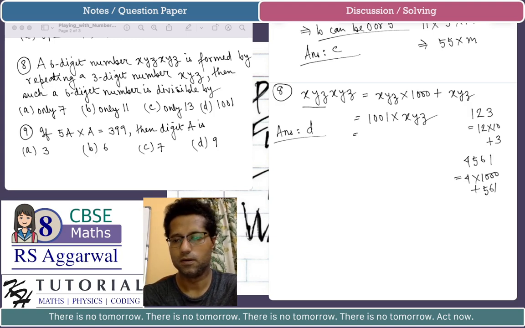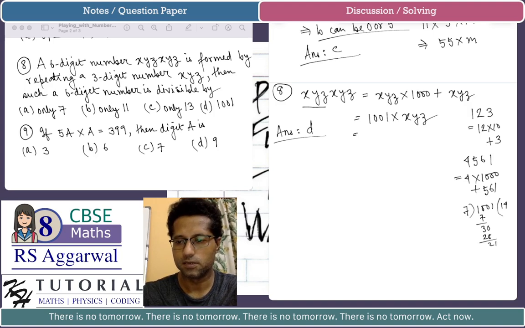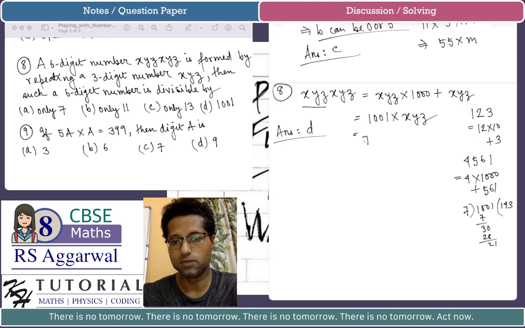Let me check quickly. 1001, if I divide by 7, 7 into 143, yes, it is indeed divisible by 7. So 1001 is equal to 7 multiplied by 143.